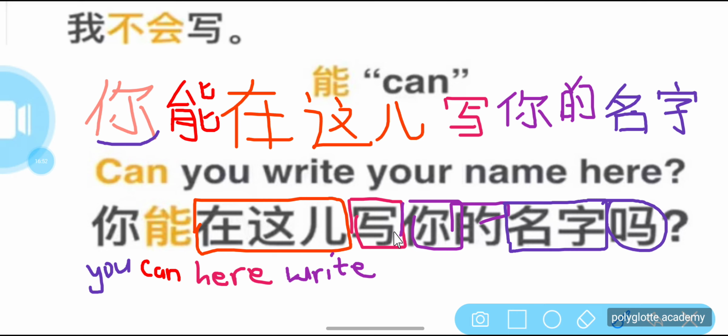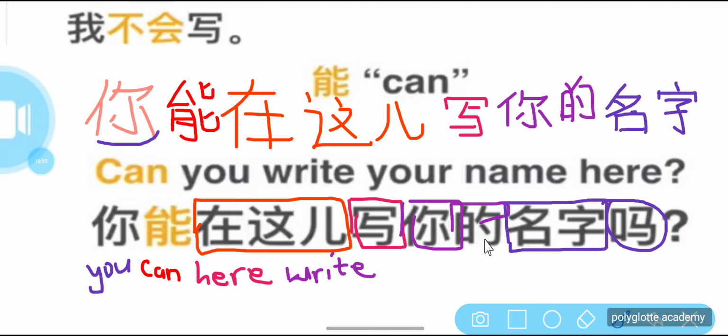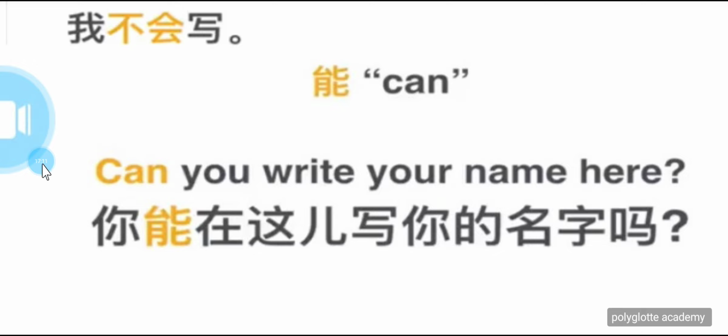So we have written this character xie, which is to write, and we'll move on to the next character, which is ni, which is you again, and de.